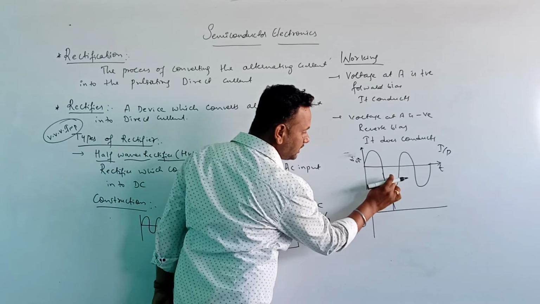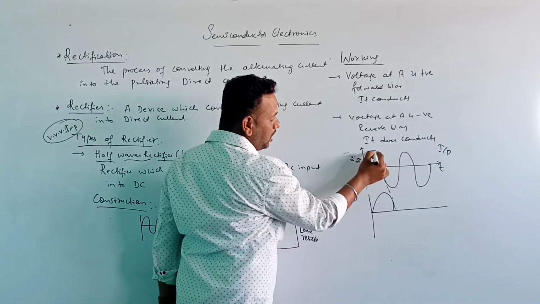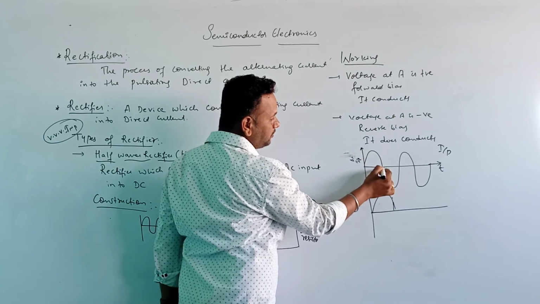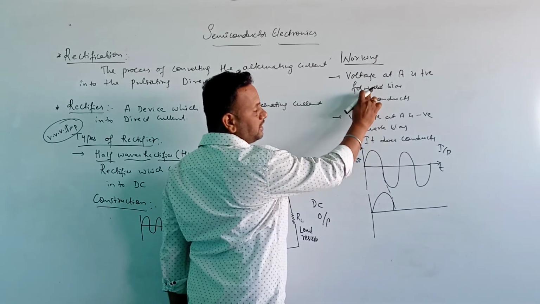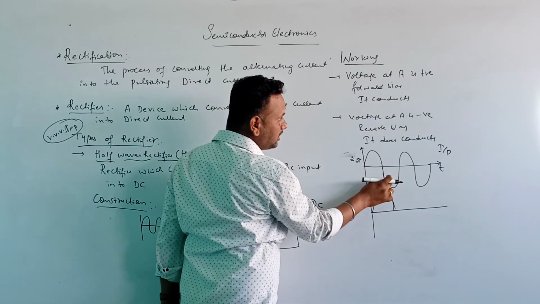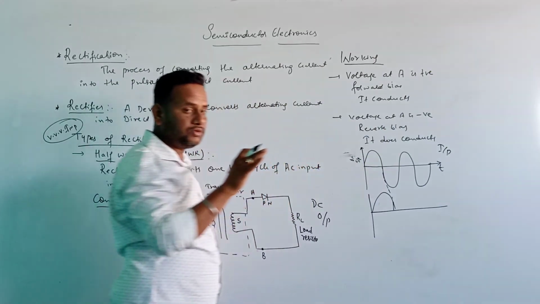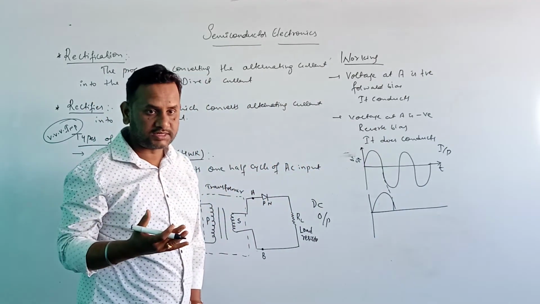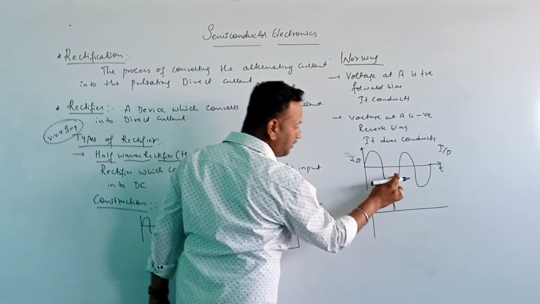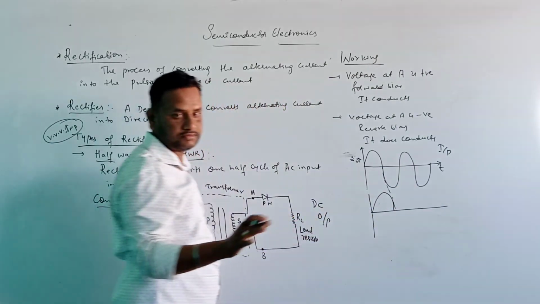Now during this half cycle of the AC input, it is becoming forward bias, and for the next half cycle it is becoming reverse bias. So it does not conduct. That's why for this half cycle of the AC input we are not getting the output.